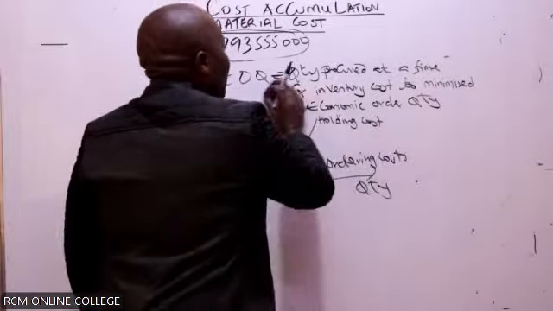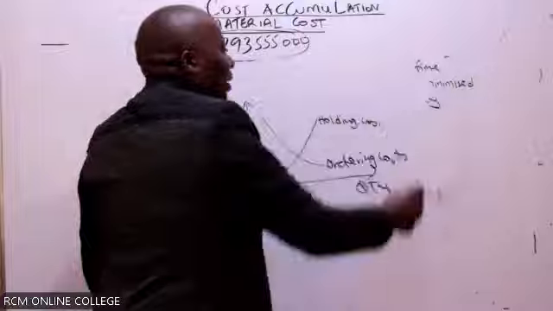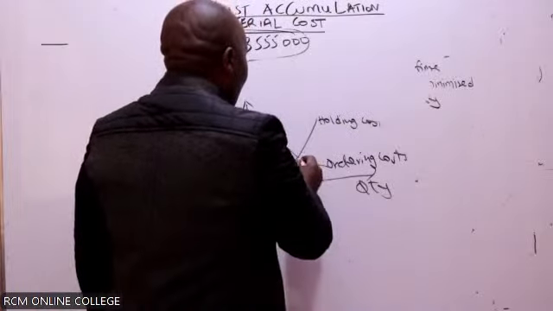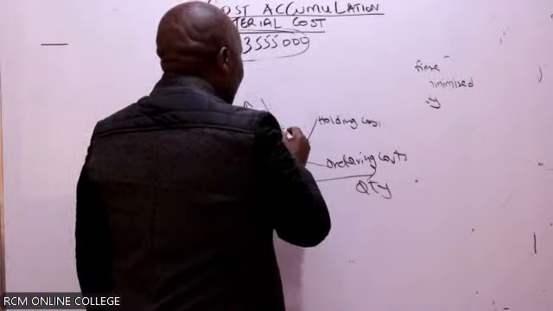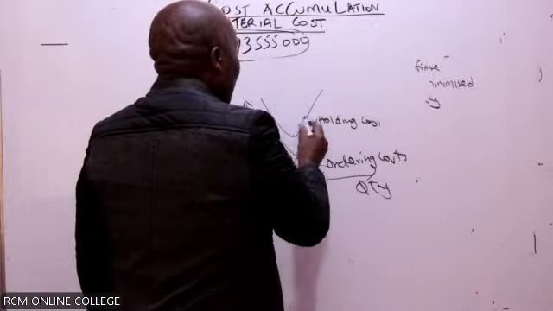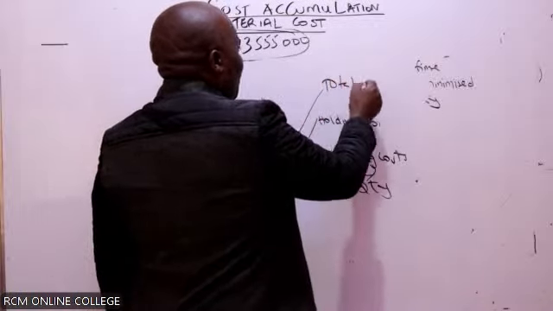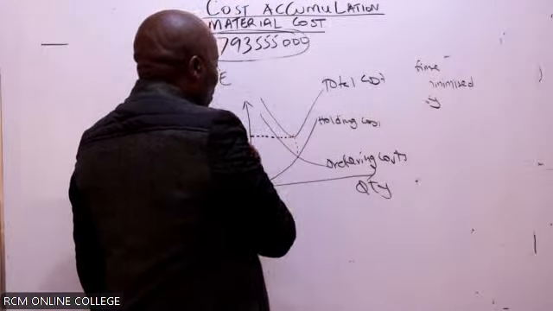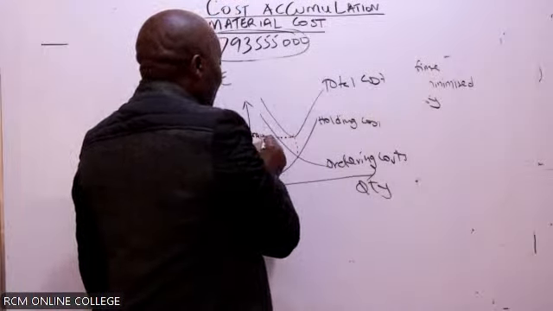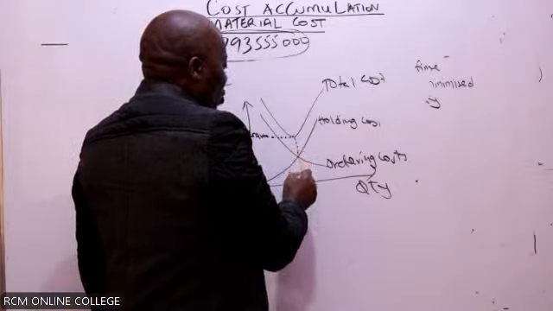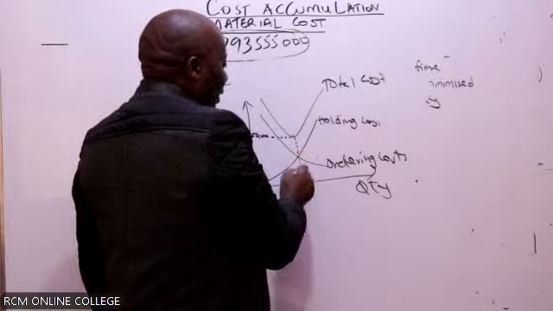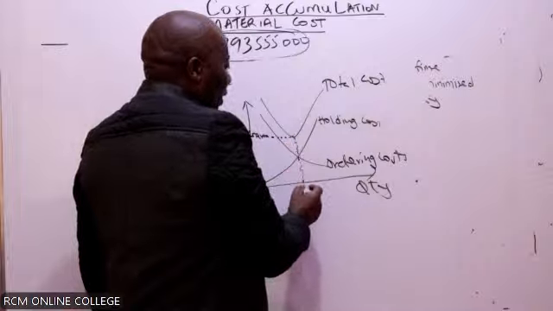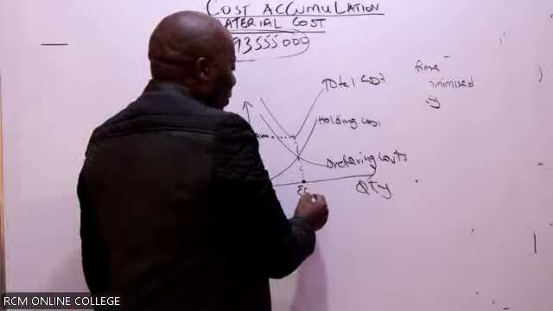Ladies and gentlemen, I would want us to just draw this. So this is what we call total cost. And you can see the total cost is minimum at the point where these two are equal. So minimum cost translates to what we call economic order quantity.